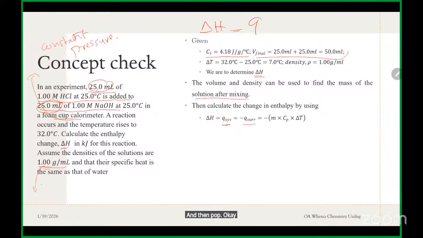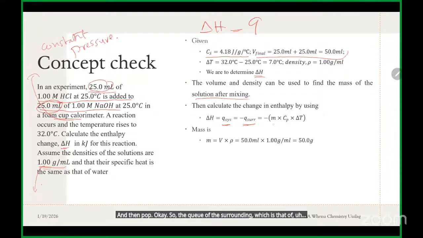So the Q of the surrounding is that of the water, with specific heat capacity at constant pressure. Mass is volume times density, so we have 50 grams. C is 4.18. Delta T is 7.0.